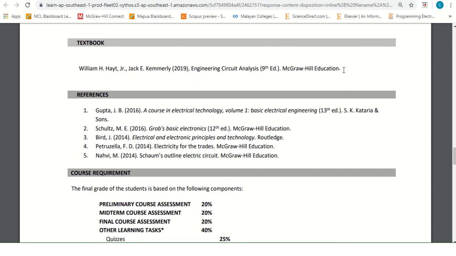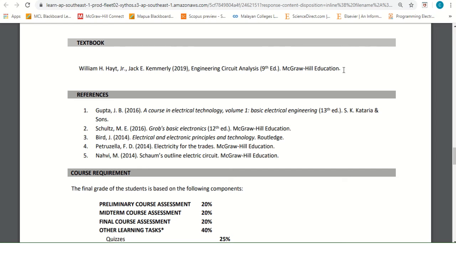We'll also be using an online tool from McGraw-Hill where we can open the ebook and also use an online tool called SmartBook that can help you in your study of electrical circuits.